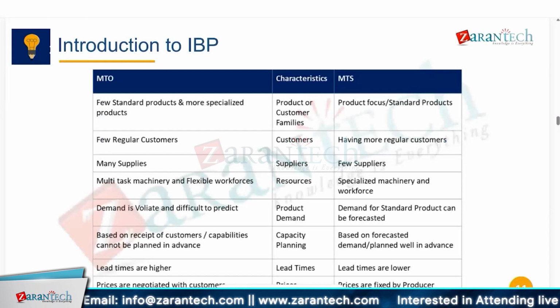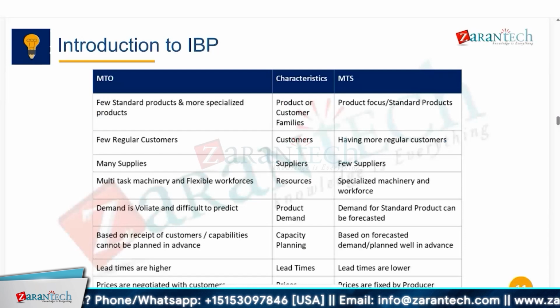Remember one thing, you are going to start the production or procurement of this product only upon receipt of the customer order. So if you receive the customer order and you do not have adequate supply of raw material in place, and you are dependent on a single sole supplier, then you will end up in trouble.